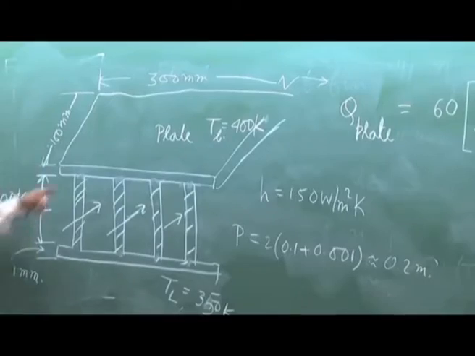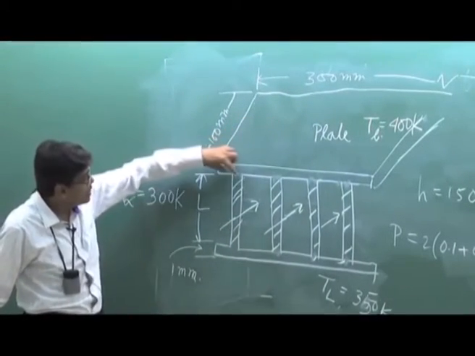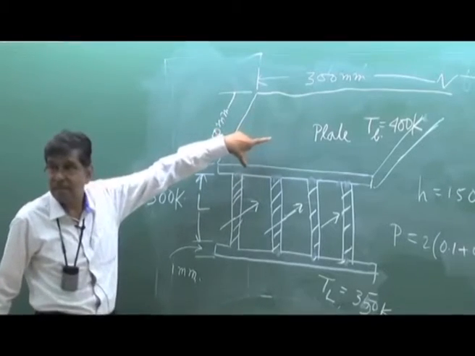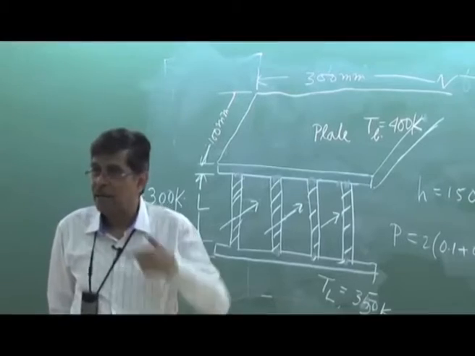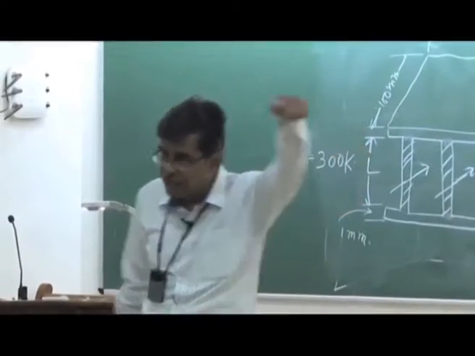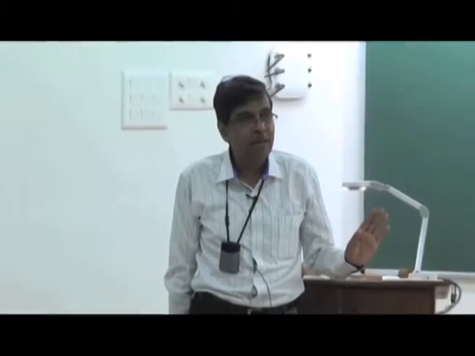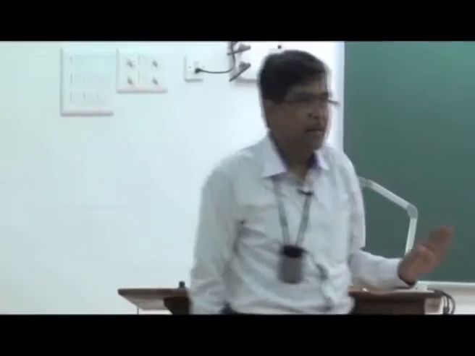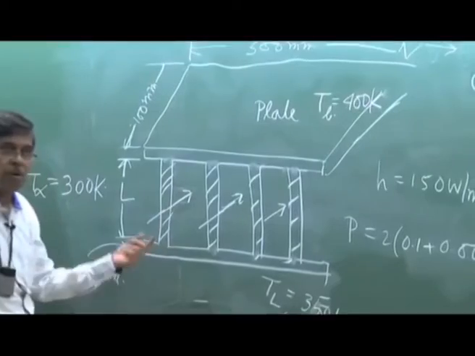You understand the perimeter? That means this side plus this side, the lateral surface. Depth is 100 millimeter, then 1 millimeter. Clear? Okay. This is the perimeter P.